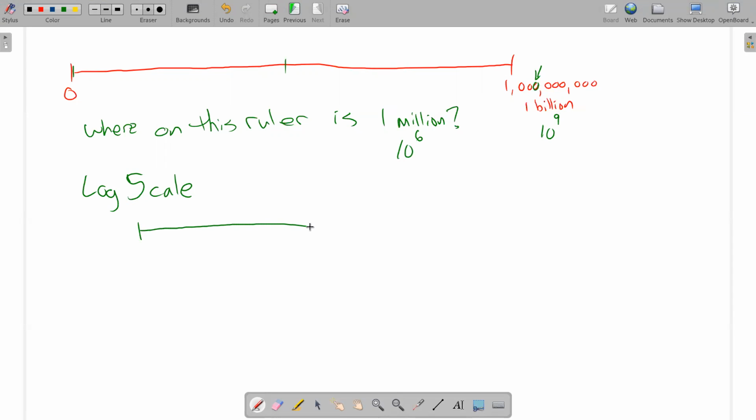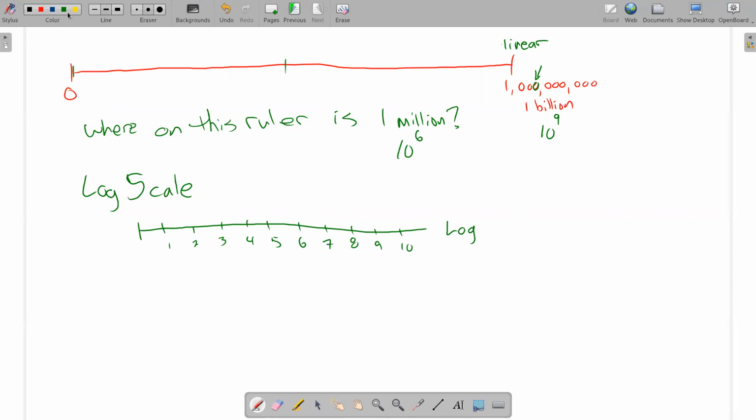Well, I'm just going to go from 0 out. 1, 2, 3, 4, 5, 6, make believe they're equally spaced, 7, 8, 9, and 10. This is a log scale. Up here, I have a linear scale, two different things.